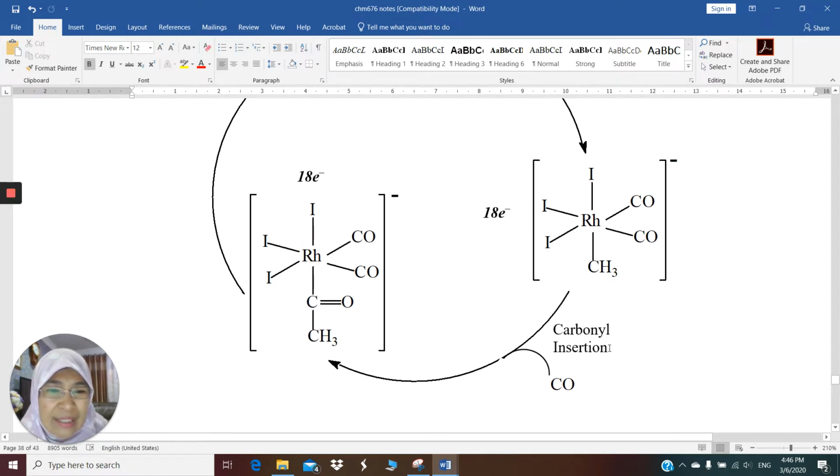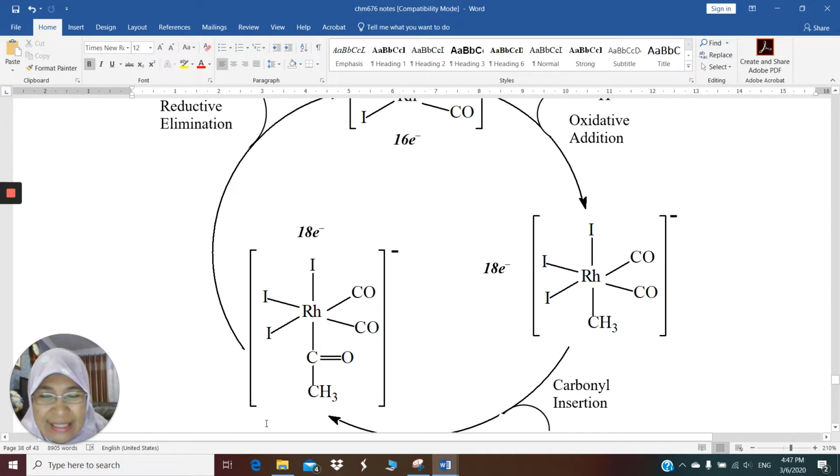So by inserting this carbonyl, there is no change in the oxidation state of the rhodium. It still remains the same as it was here, which is +3. Still an 18 electron species because this is still a 2 electron species, just like that one.